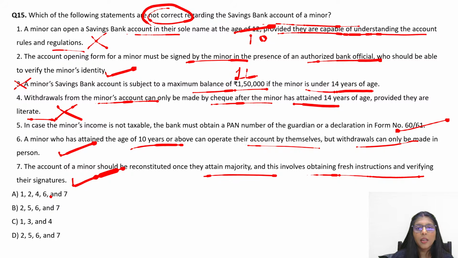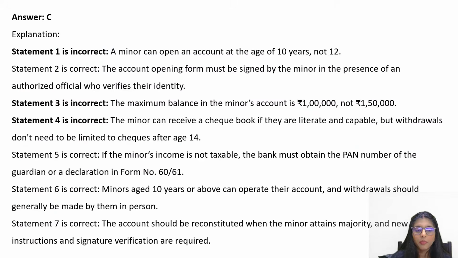Read it properly, then answer the question. Don't panic. Read the question calmly. Whether they're asking for the not correct statement or the correct statement, what exactly is the question asking? So the answer is 1, 3 and 4. Option C is the right answer. Okay.